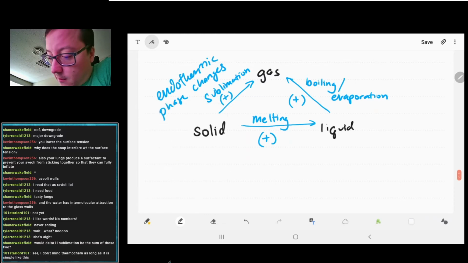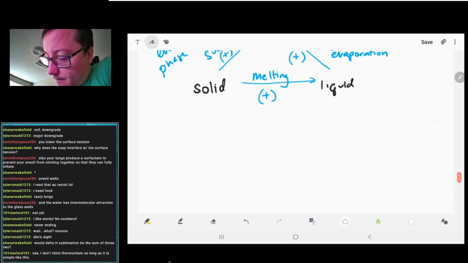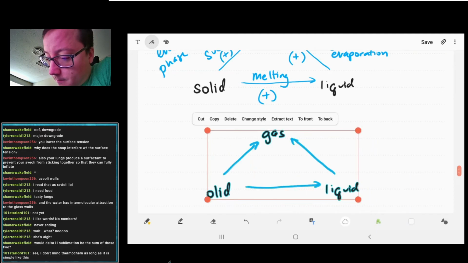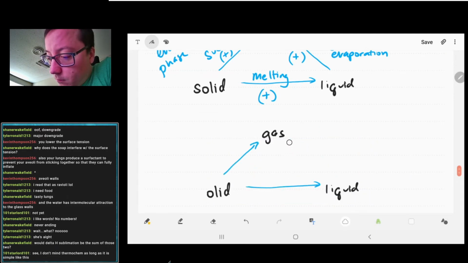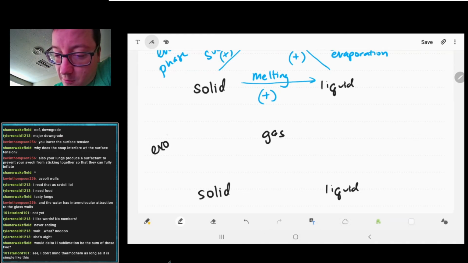We have the exothermic ones as well. Let's see. Let's paste it. Here are the exothermic ones. Good enough.